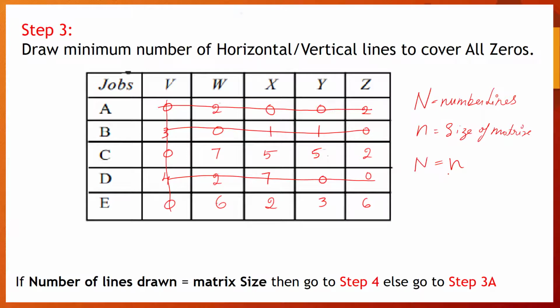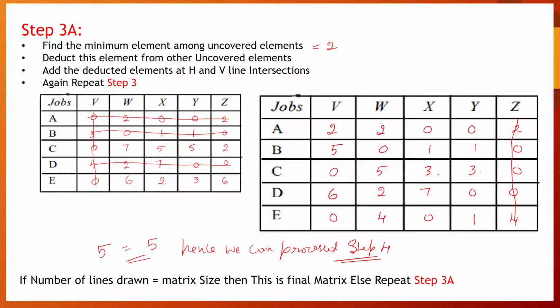Since here the number of lines drawn and the size of the matrix are not the same, we'll be going for step 3. In step 3 we have done these steps. Find the minimum element among the uncovered elements, which is 2. Then deduct that element from other uncovered elements. So remember this part, other uncovered elements. So we got the matrix, and we need to add that deducted element to the H and V line intersections.